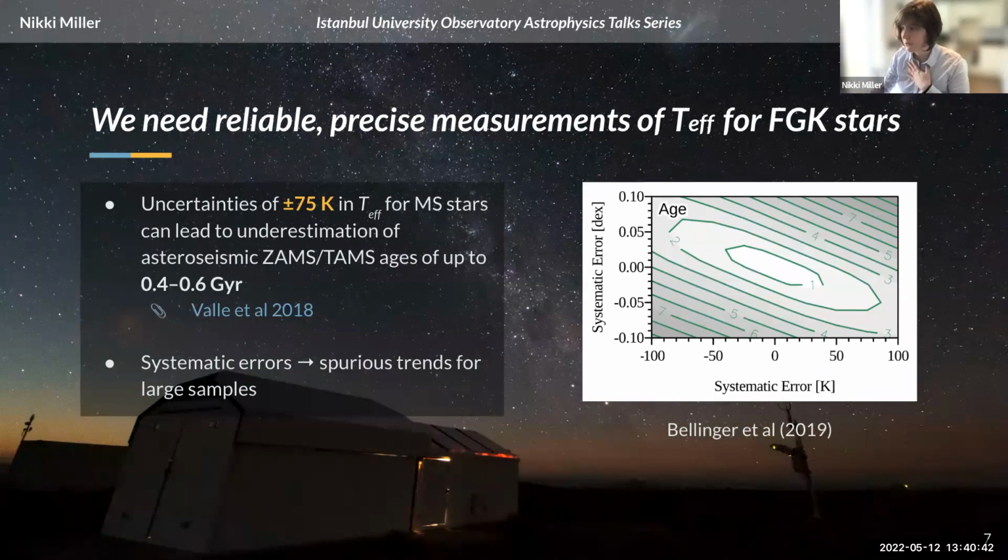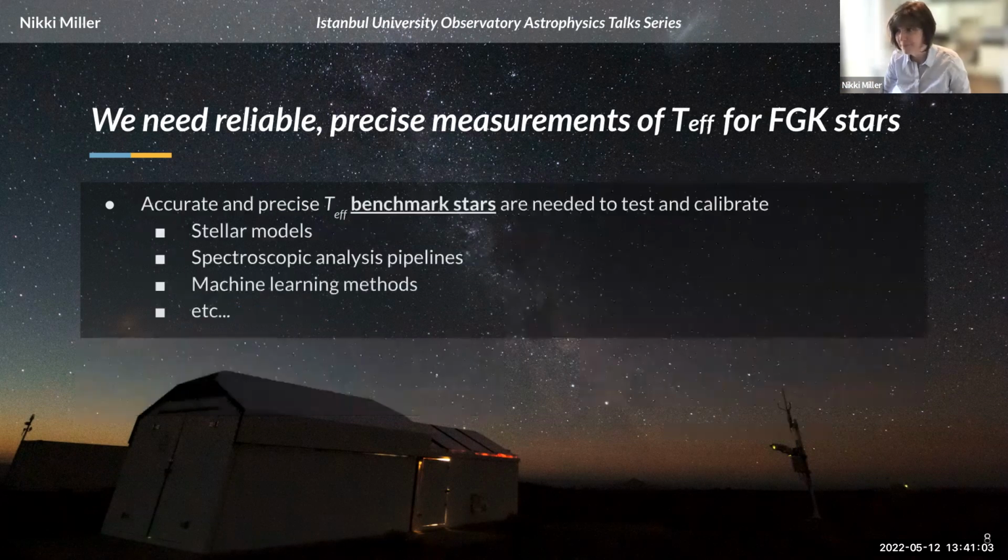So this plot I have here on the right shows the systematic error in temperature and how that has an effect on the derived age. On the y-axis, we also have the metallicity. As you can see, as we increase the systematic shift in a set of temperatures, we do start to get an offset in the age, which is definitely a problem.